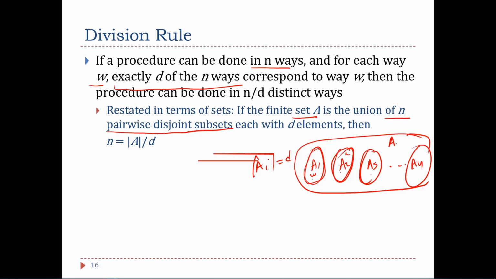Because we have n different sets that are disjoint, that represent different possibilities or different solutions.